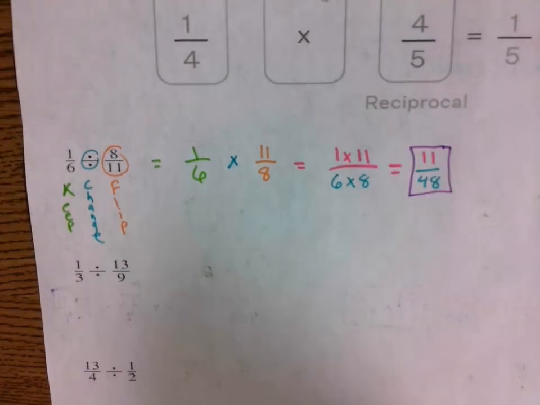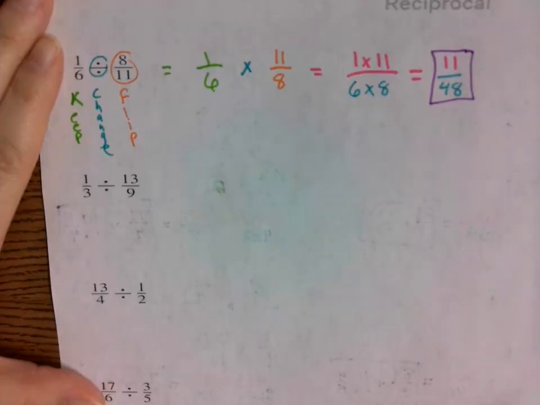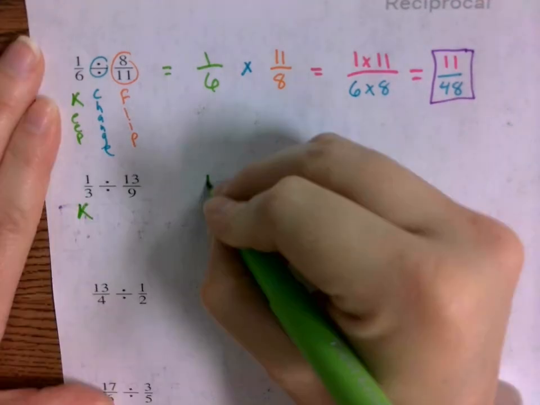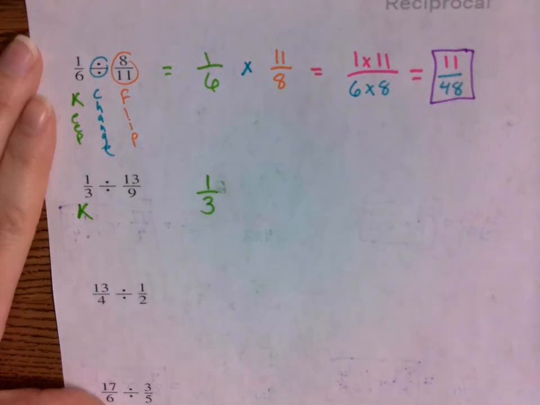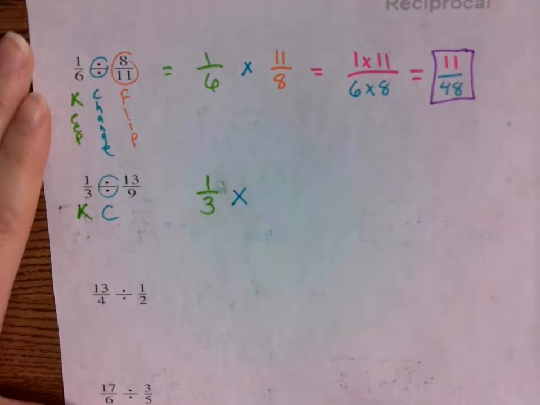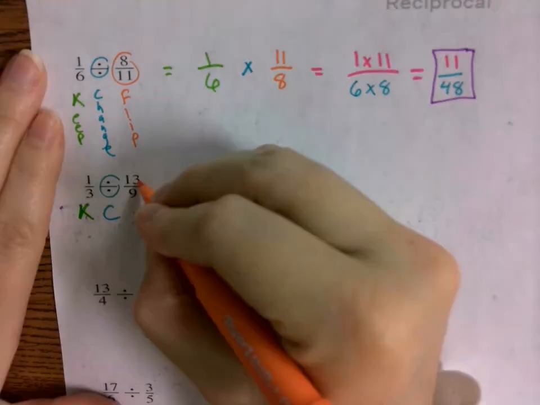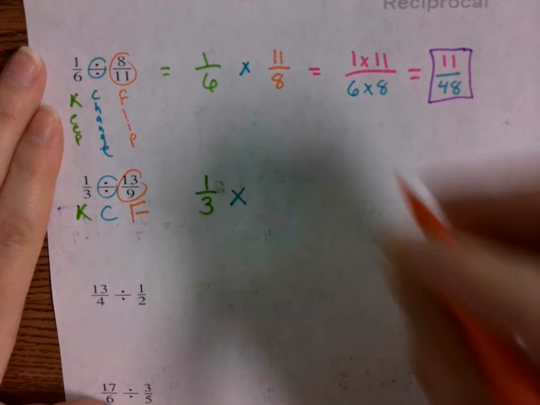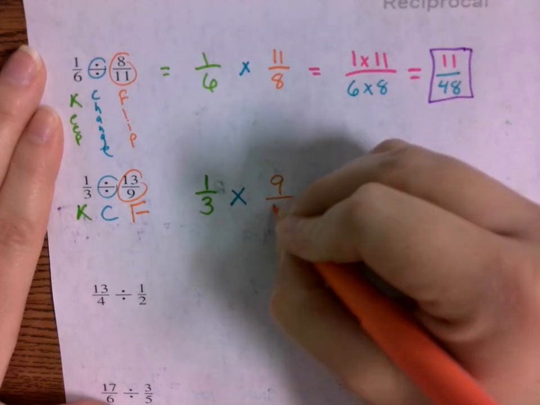Let's do one more together. You're going to keep 1/3. You're going to change division into multiplication. You're going to flip 13 over 9, and it becomes 9 over 13. So we now have 1/3 times 9 over 13.